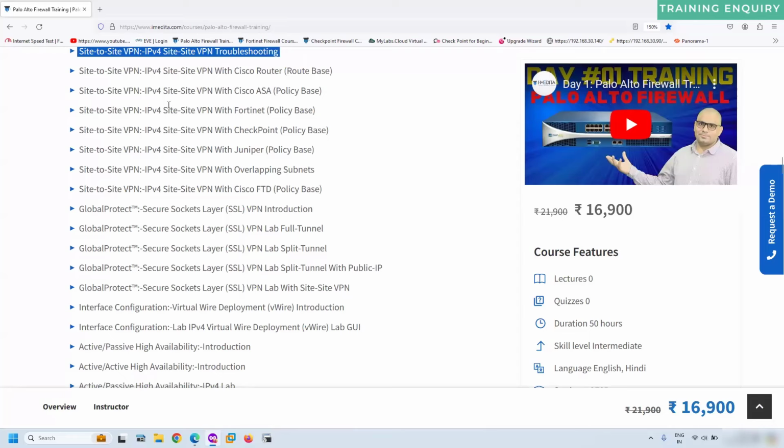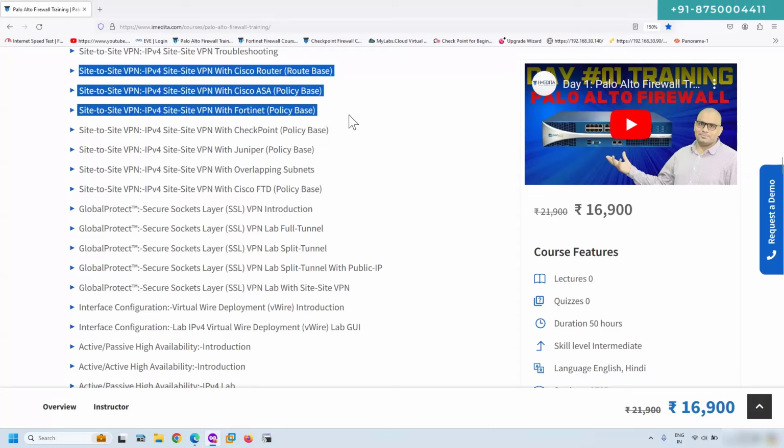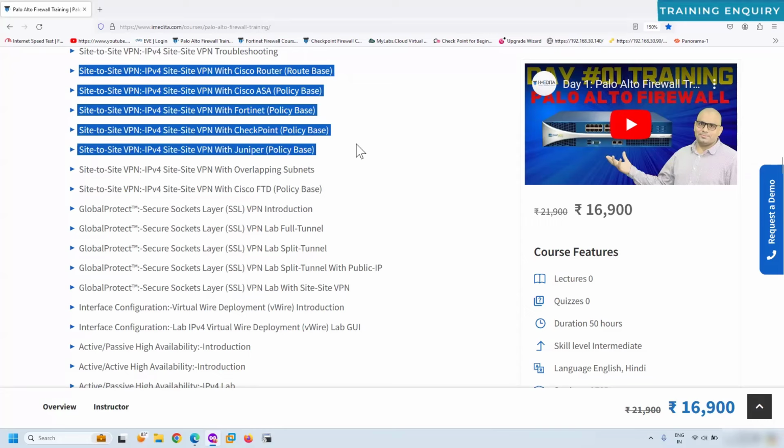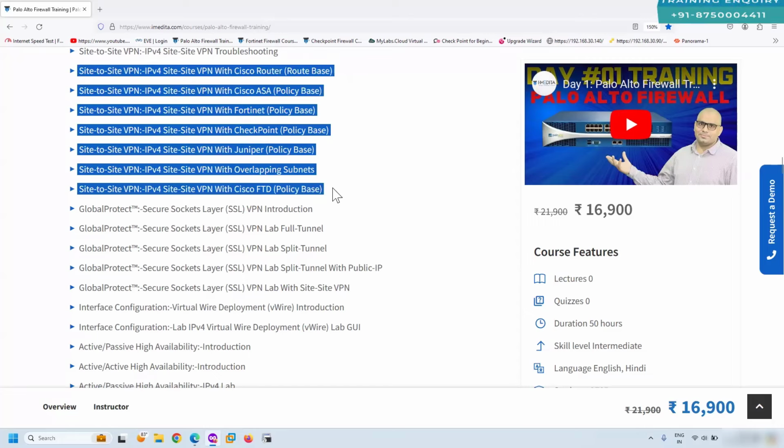That's why we have also added different vendors' devices, like you will learn site-to-site VPN, Palo Alto to Cisco router, Palo Alto to Cisco ASA, Palo Alto to FortiGate firewall, Palo Alto to Checkpoint firewall, Palo Alto to Juniper firewall, Palo Alto to Cisco FTD. So we have added most of the vendors' devices which are in the market.